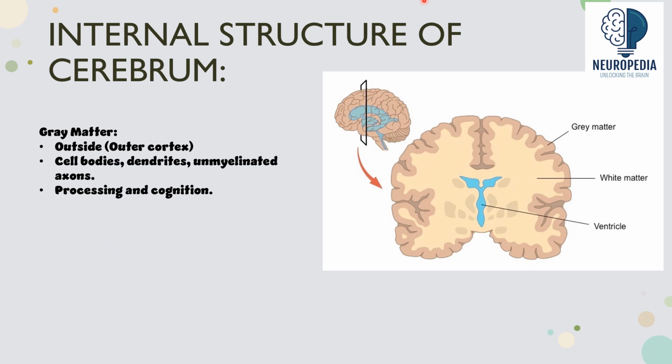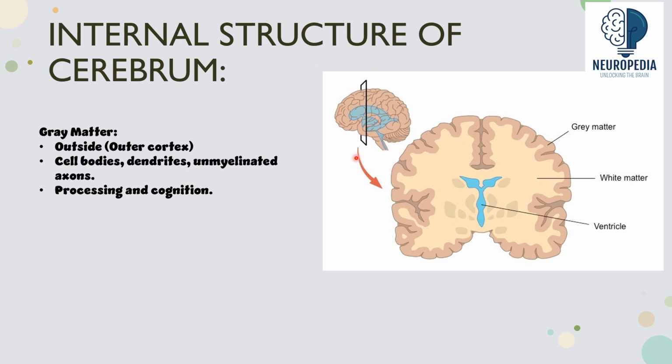The gray matter refers to the areas of the brain that primarily contain cell bodies, dendrites, and unmyelinated axons, and it appears grayish in color due to the presence of cell bodies and their associated structures, as you can see in this figure. The gray matter plays a vital role in processing and cognition.